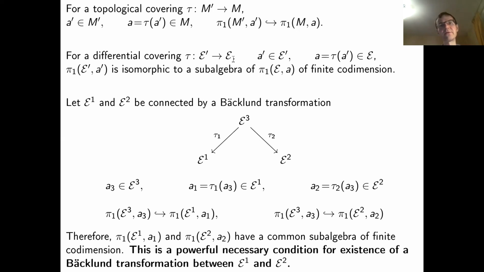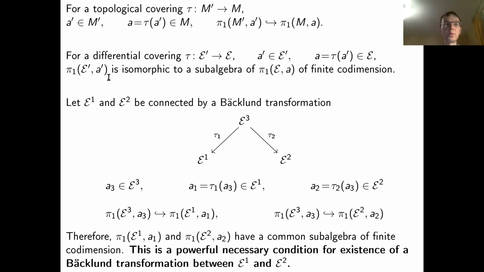We take a differential covering, a point A prime in E prime and its image in E. Then the fundamental algebra of E prime at A prime is embedded into the fundamental algebra of E, and this embedding is of finite codimension, and the codimension of the embedding is equal to the dimension of fibers of the covering tau.